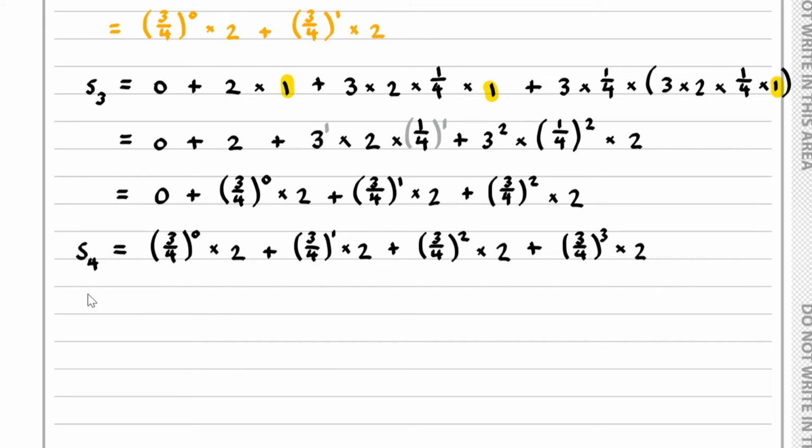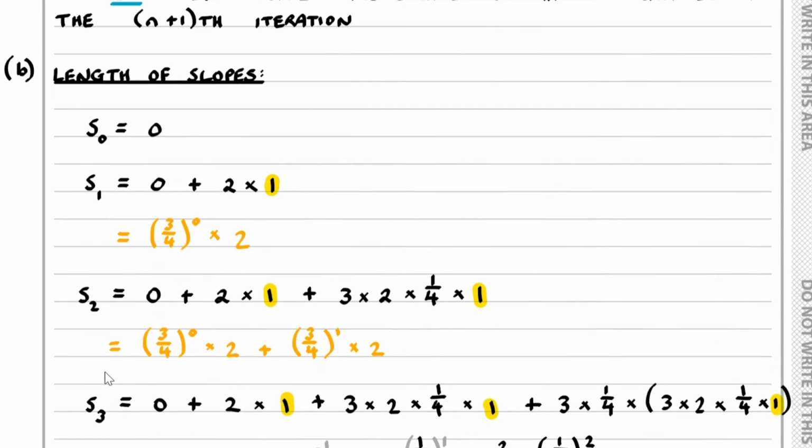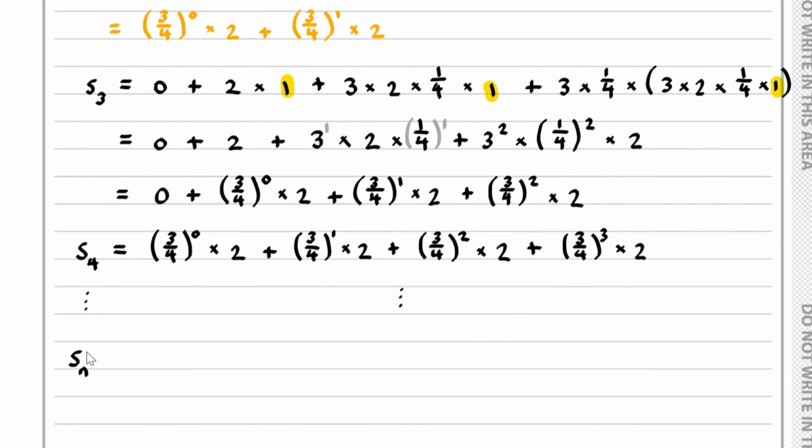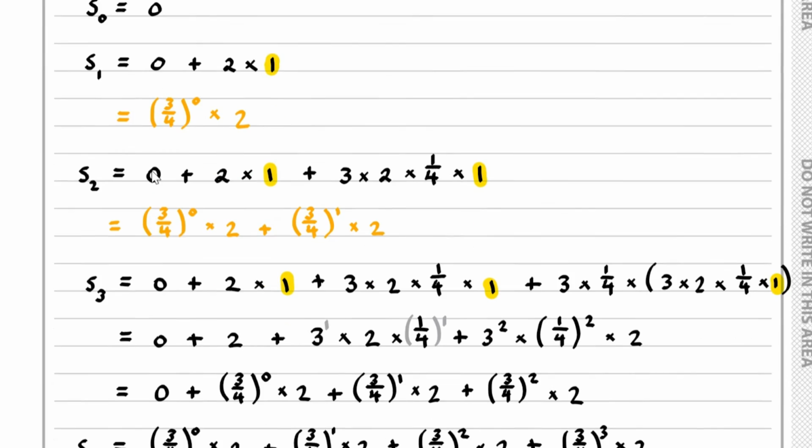So if we were to generalize for, well, what would we generalize for? If we were to generalize for Sn, well, the problem with working out Sn is we've got this S0 and we can't really generalize for S0.